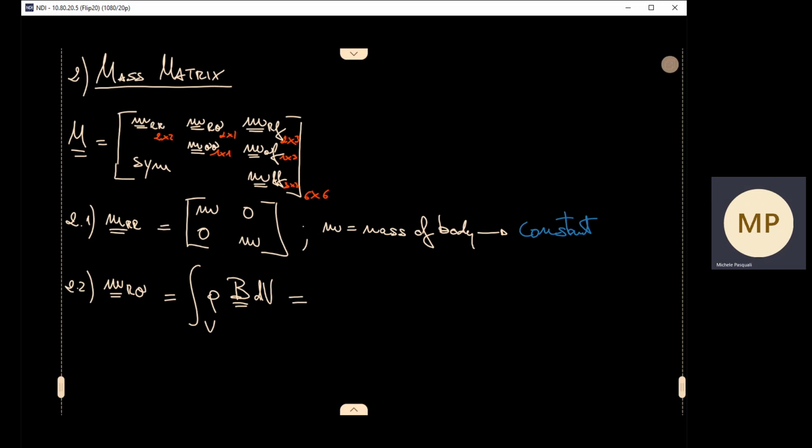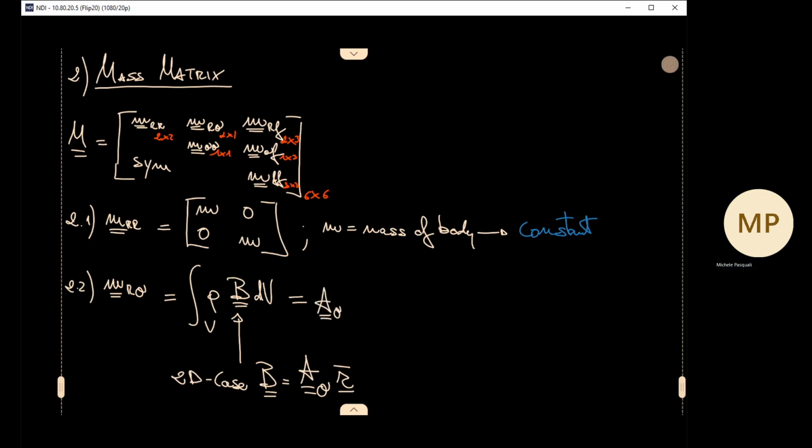Now this, in the 2D case, B can be written as the derivative of A with respect to theta times R. Okay, you can go and check this out also in the notes that we have written. It reduces to this. So we basically bring this out of the integral sign. What we get is the following.